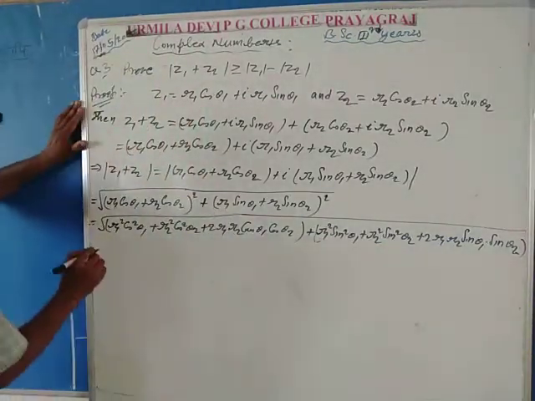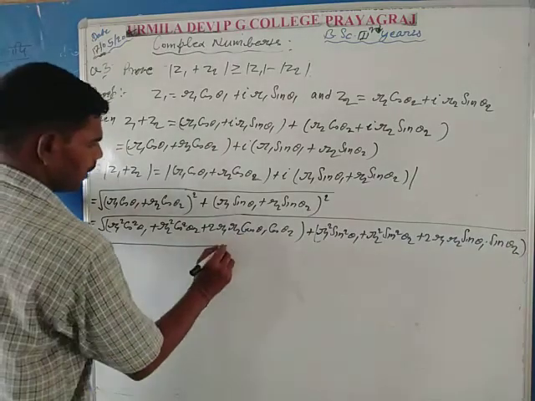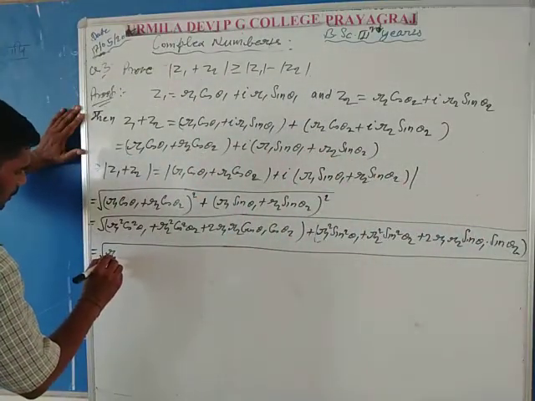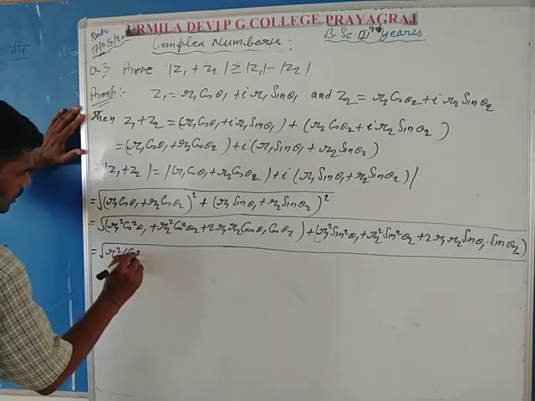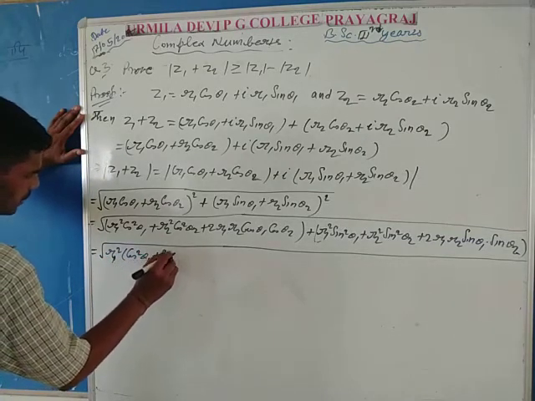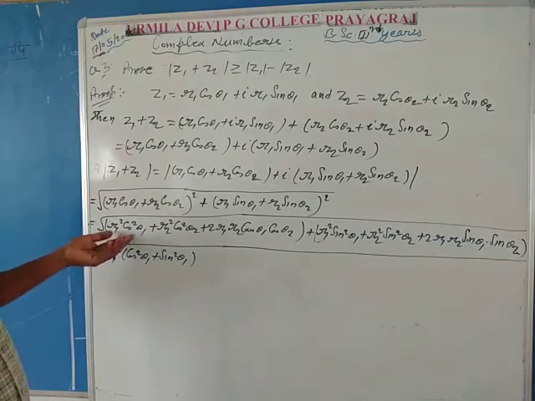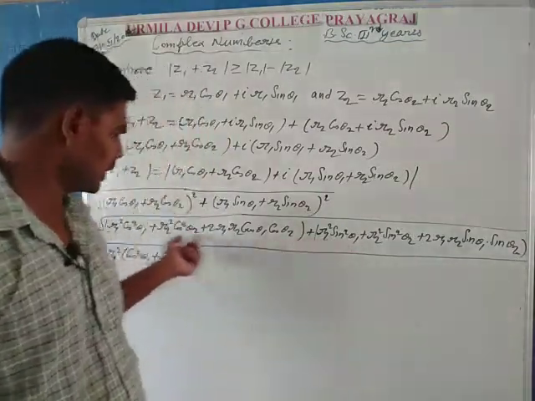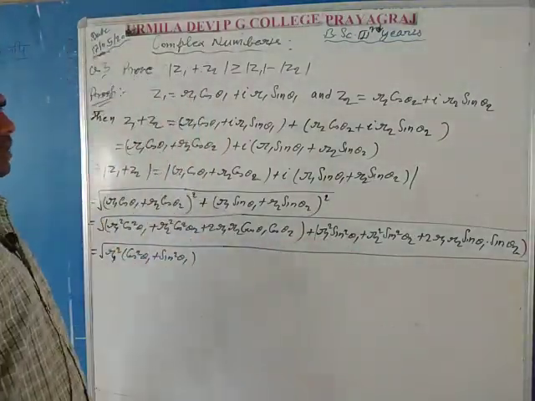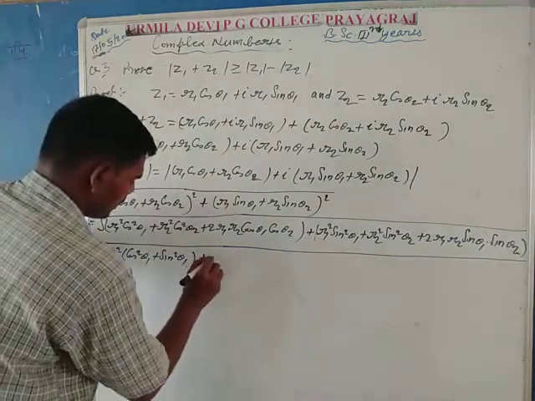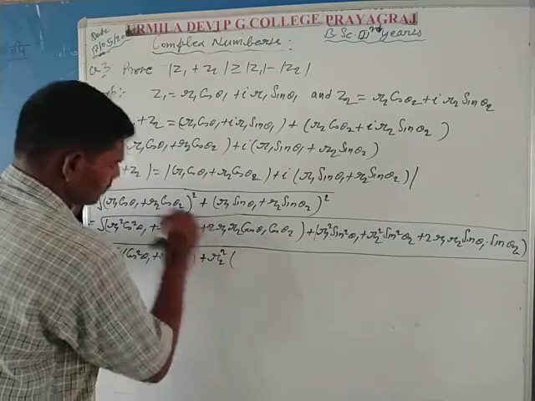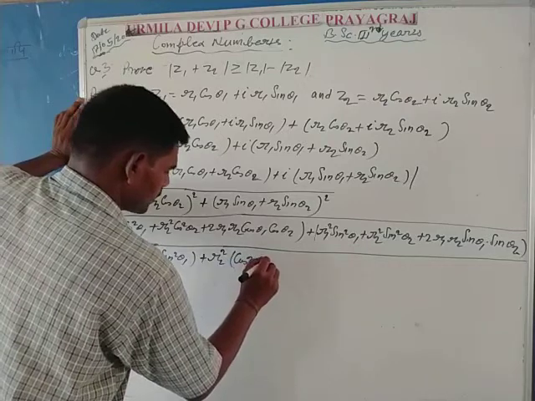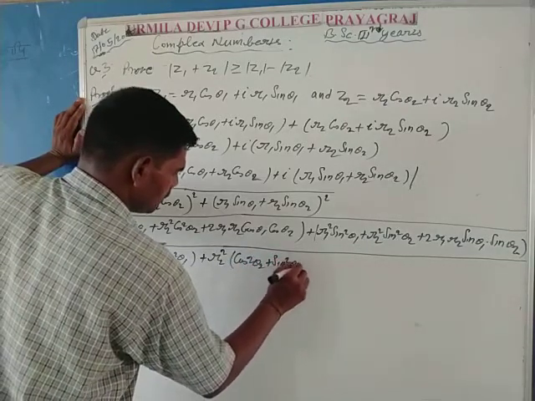Collecting all the R1 terms in one bracket and taking R1 square outside: R1 square times (cos square theta 1 plus sin square theta 1). Same as in the case of R2: R2 square times (cos square theta 2 plus sin square theta 2).